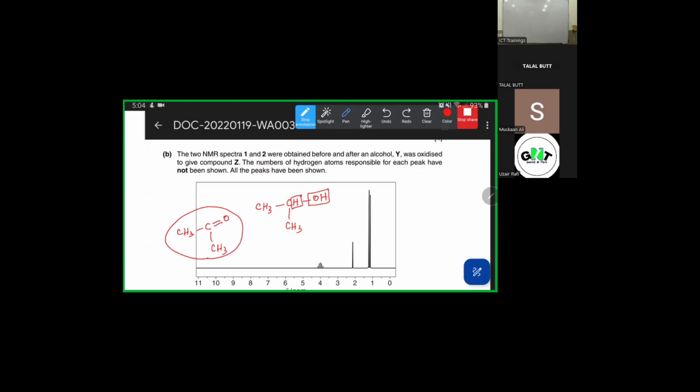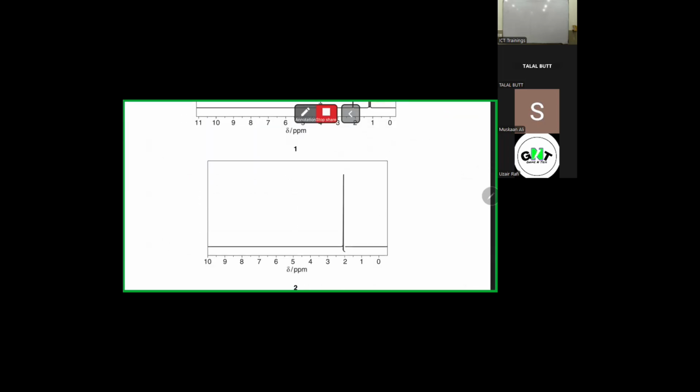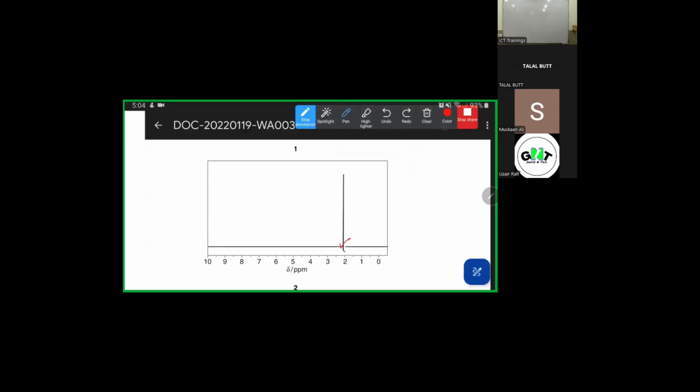This would form a singlet, one for each CH3, and both have the same environment. So the singlet is present at only one place. If you look up here, the singlet is present at only one place. Did you get it, guys?